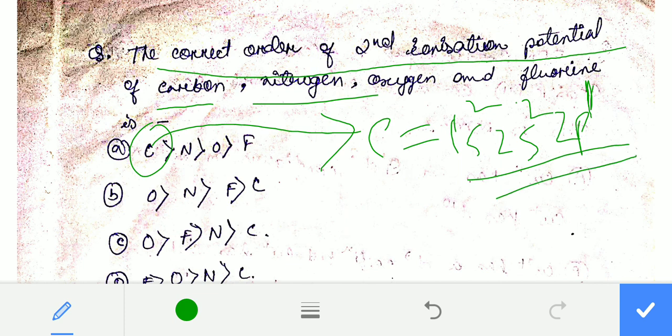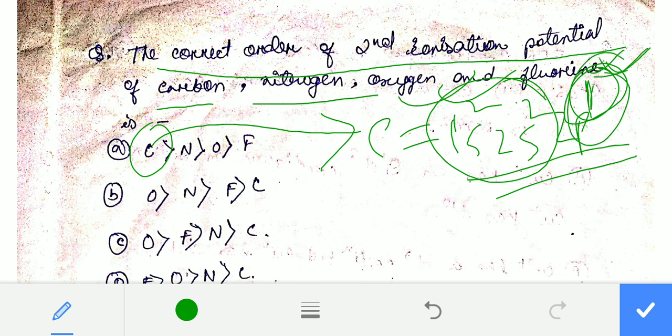The energy required to remove this electron will be very less, in the sense that carbon atom will be very happy if it can remove this lonely p electron to gain a noble gas configuration, that is 1s2 2s2. So for this configuration of carbon, the ionization potential will be very less. That is, a very small amount of energy will be required to remove this electron.